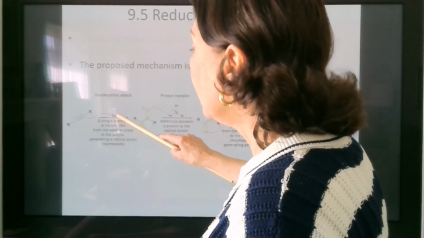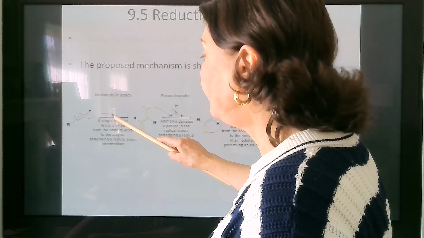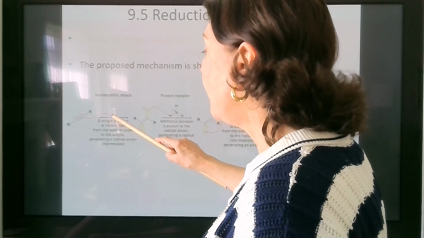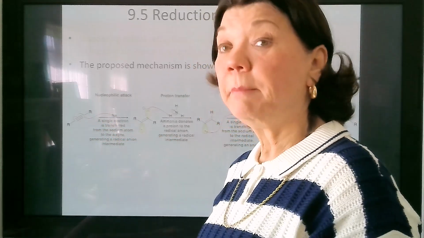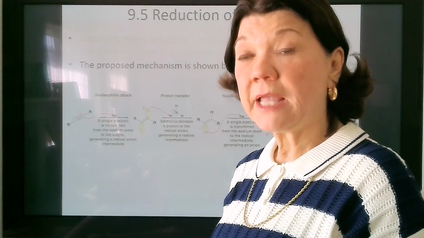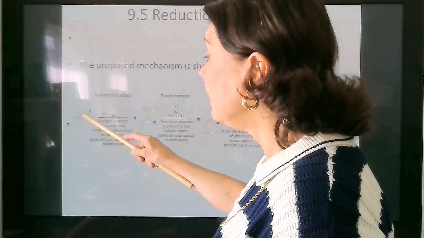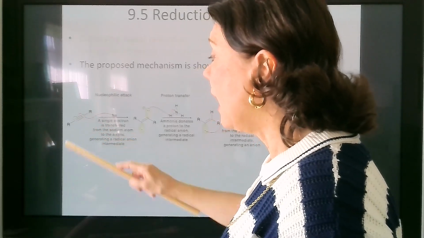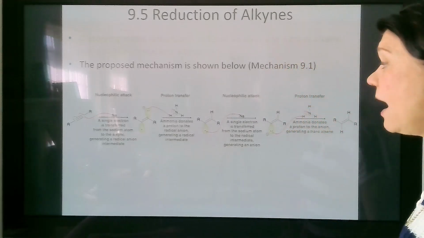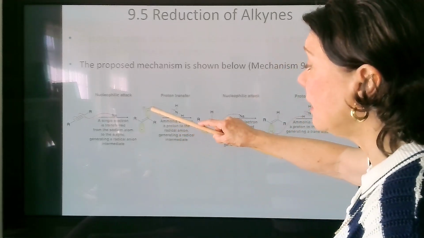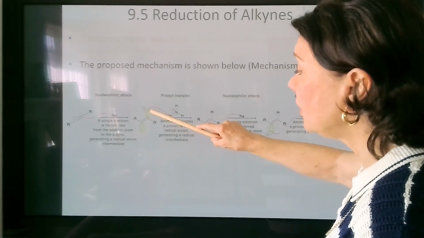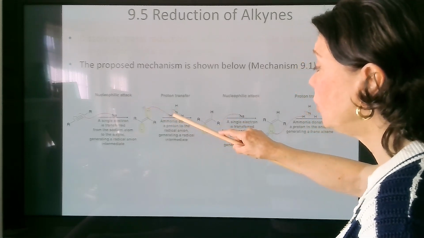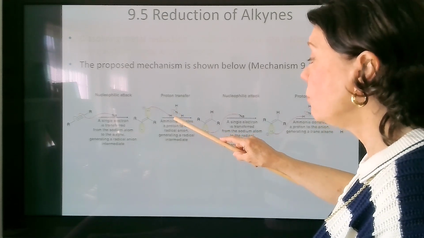So sodium metal has a strong tendency to give up an electron and become Na plus, sodium cation. And so it does indeed give up an electron to the alkyne. And so you have now the alkyne anion, where the pair of electrons deprotonates ammonia.